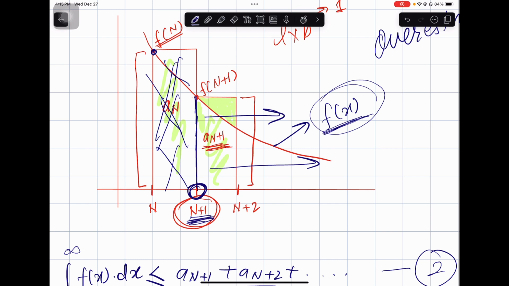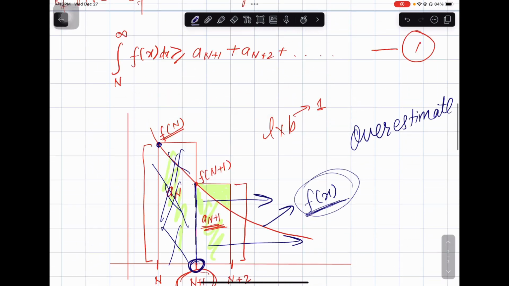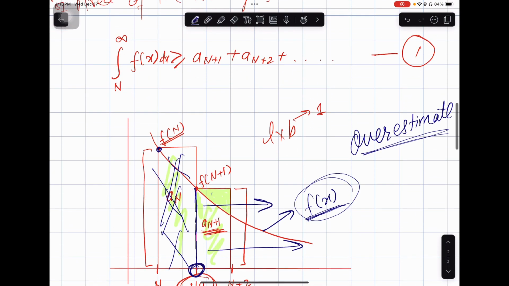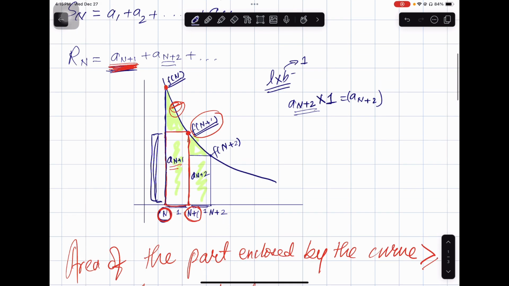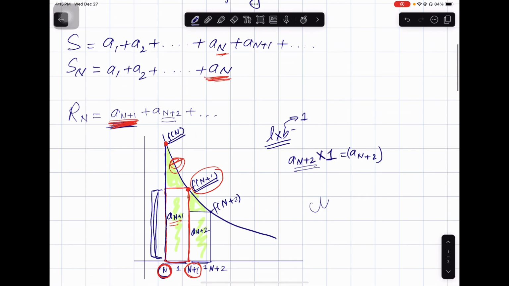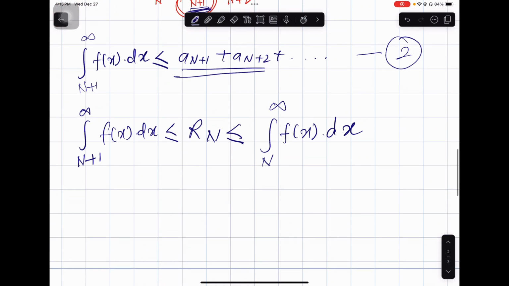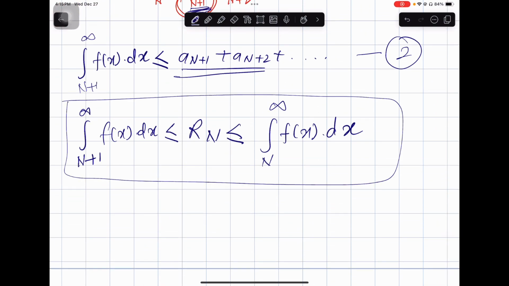That's the curve that we have derived from the given series. I'm sure you've talked about that in the integral test, so I'm not going to go over that. This is the overestimation because of these triangle-looking things, and this is the underestimate because of these triangle-looking things, but now they make the area of the curve bigger than the area of the rectangles. So yeah, this is how we got the inequality.